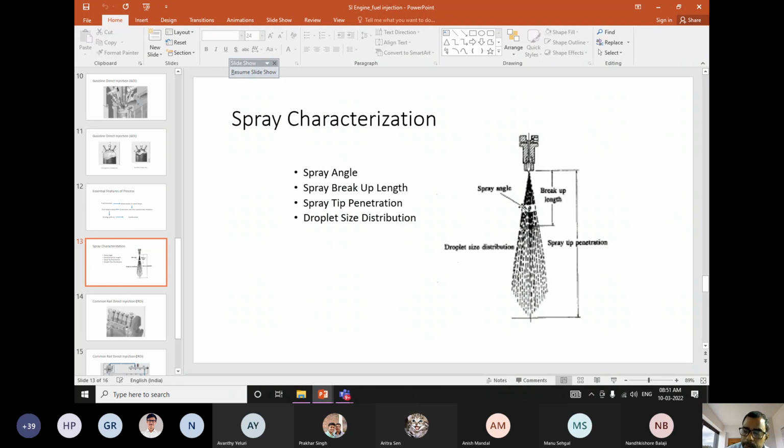The reason is the fuel droplet present here. If you look at the air-fuel ratio distribution inside this jet, at the surface the air-fuel ratio might be in the combustible range.